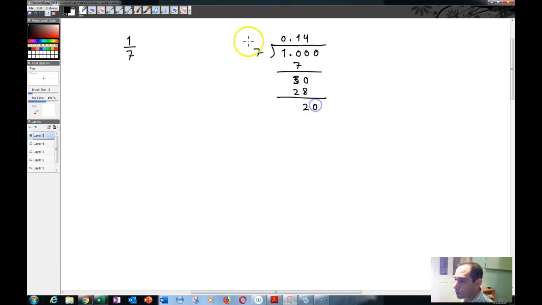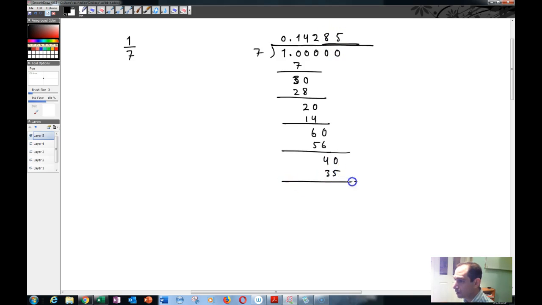A 0 over here. 2 times 7 is equal to 14, remainder 6. 8 times 7 is equal to 56, remainder 4. 6 times 7 is equal to 42, 5 times 7 is equal to 35, and then you have a remainder 5. 7 times 7 is equal to 49, and then you have a remainder 1.